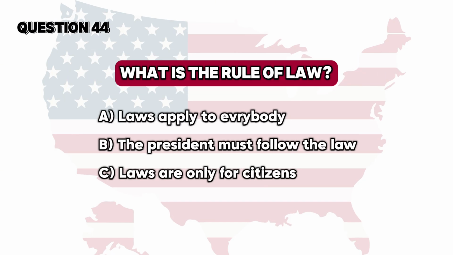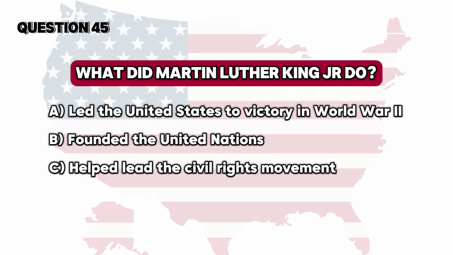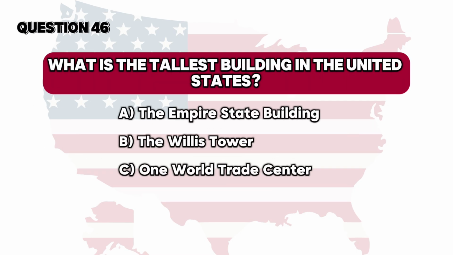What is the rule of law? Laws apply to everyone equally. What did Martin Luther King Jr. do? Helped lead the civil rights movement. What is the tallest building in the United States?